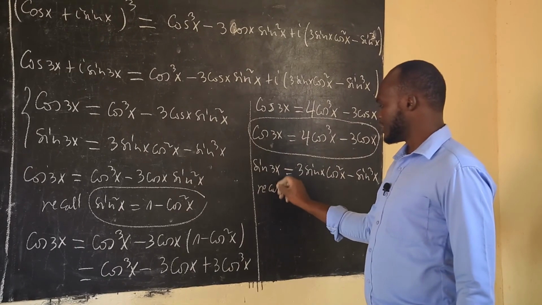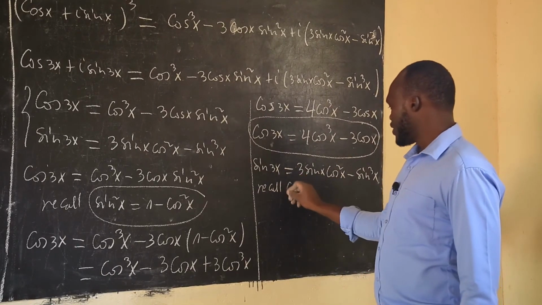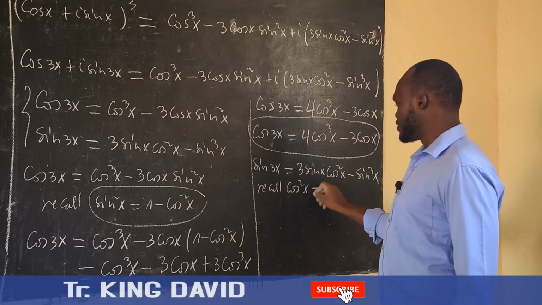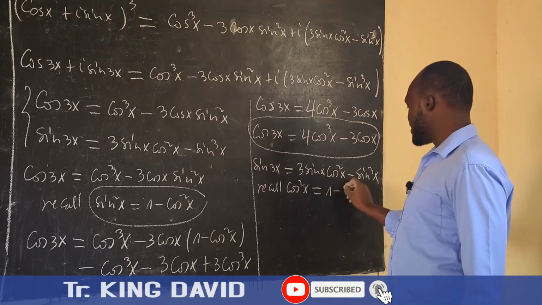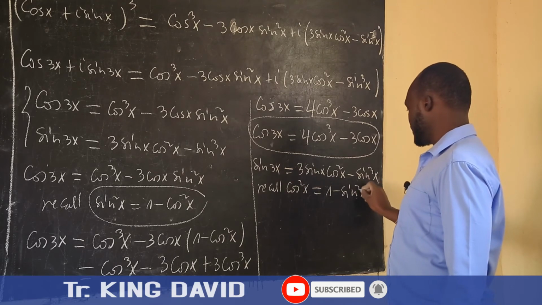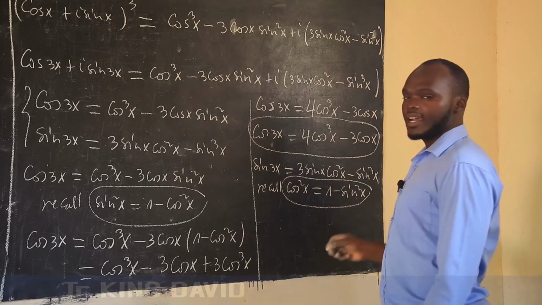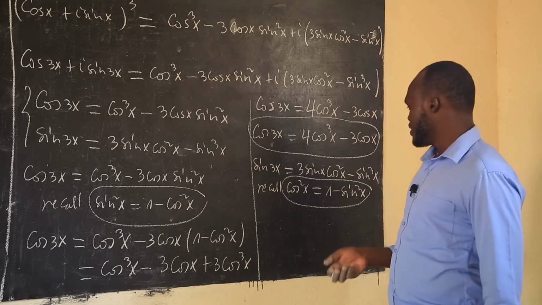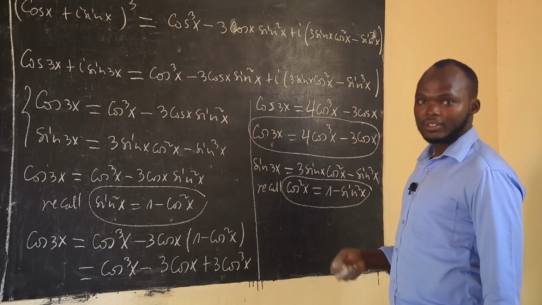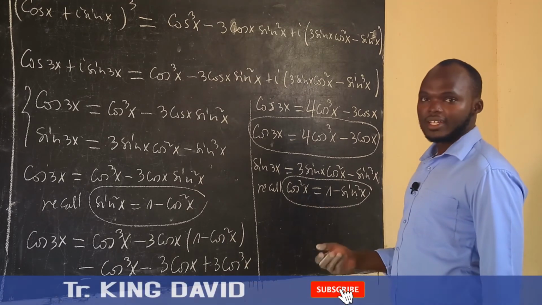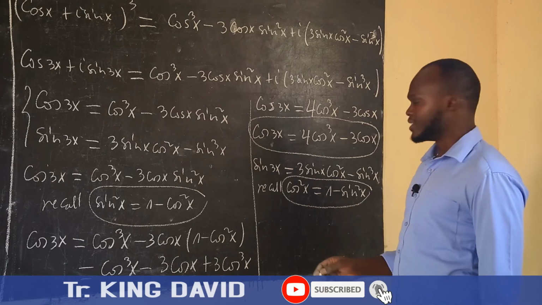Remember that cos squared x equals 1 minus sin squared x, from cos squared x plus sin squared x equals 1.